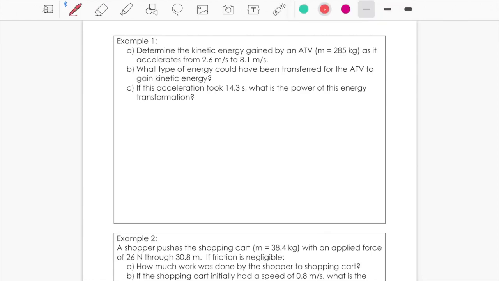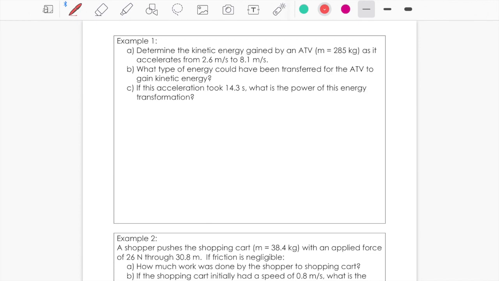So for example number 1, it says determine the kinetic energy gained by an ATV, which has a mass of 285 kilograms, as it accelerates from 2.6 meters per second to 1.8 meters per second. Okay, so here we are accelerating, so we will be using that other equation that I was just talking about.